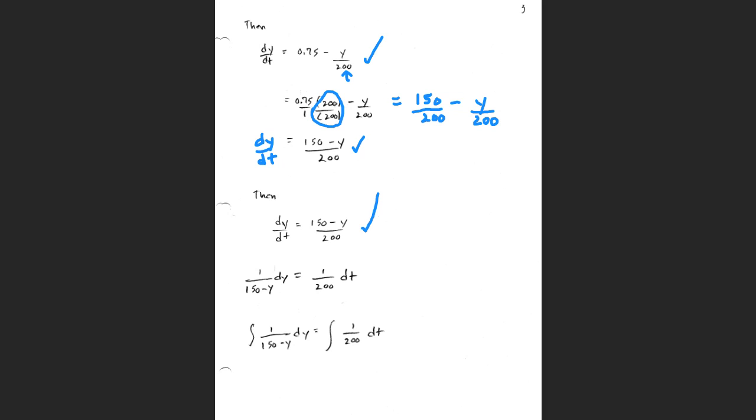Professor, can we do this without the step where we also give the denominator to 0.75? Can we solve the equation without that? Sorry, Clea, say again. I don't think so.